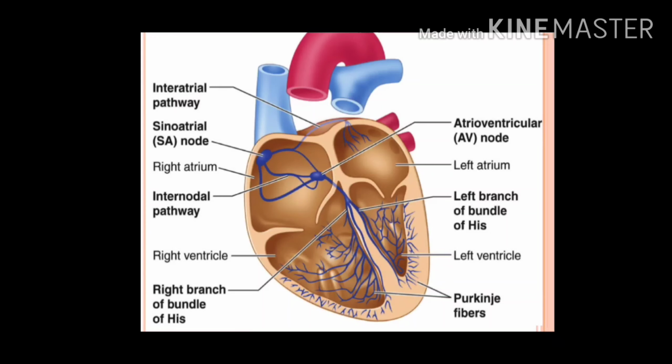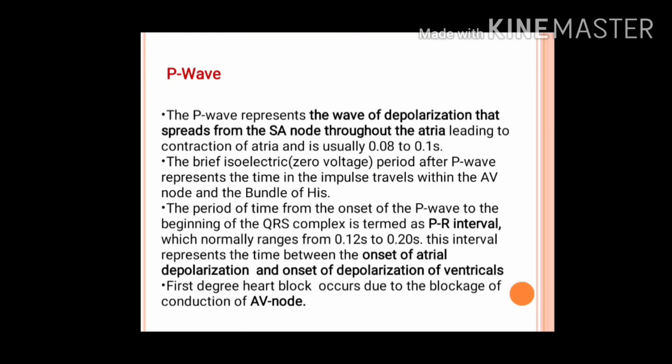So the electrical impulse that is generated in the SA node is very essential for the depolarization of the atria, which will cause contraction of the atria, and this contraction of atria will help in pumping the blood from the atria into the ventricle. So the brief isoelectric period after the P wave represents the time the impulse travels within the AV node and the bundle of His.